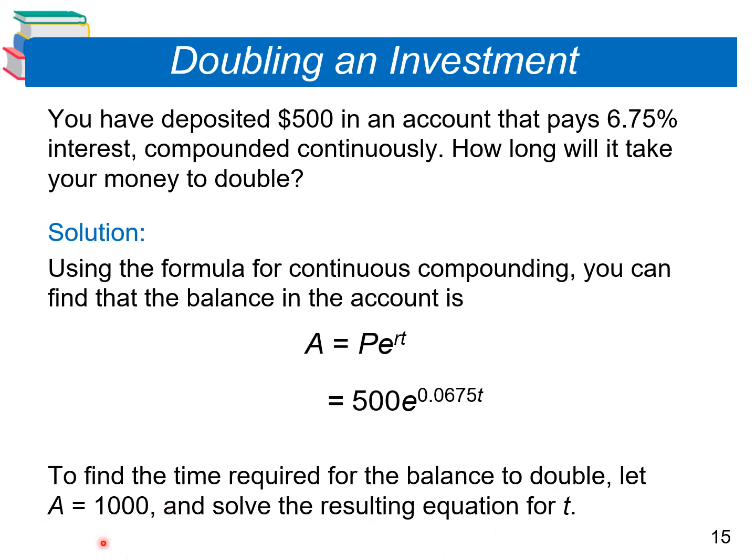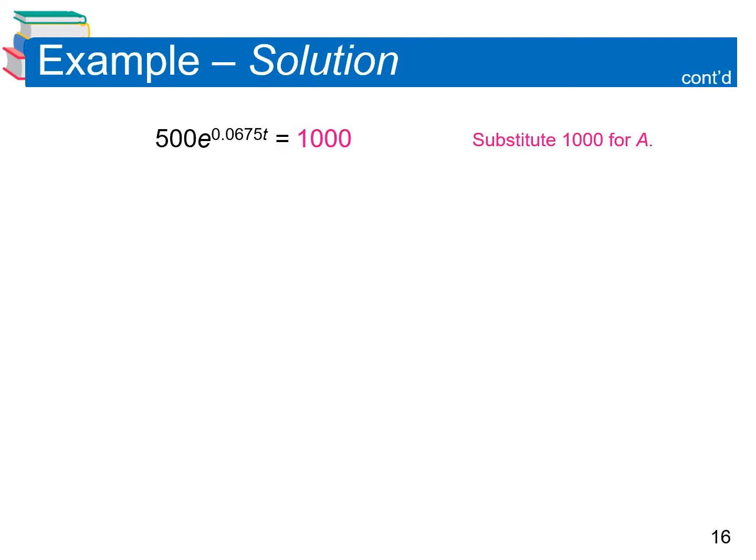So that is why A equals 1,000. Now, we are going to substitute 1,000 for A. So we will be getting 500 e raised to 0.0675t equals 1,000. And then we are going to divide each side by 500.